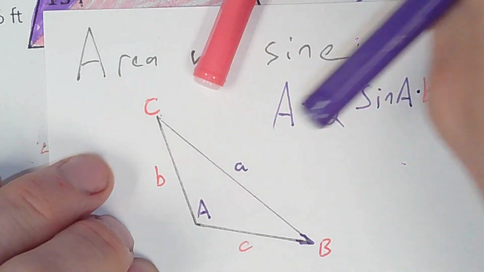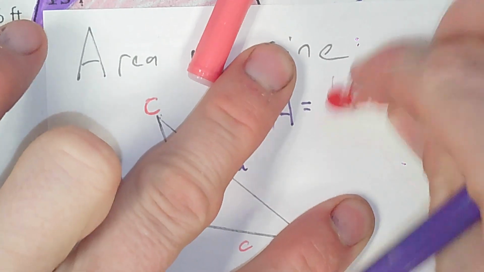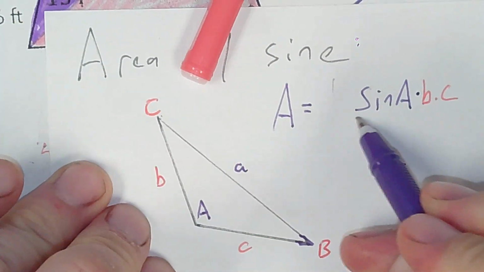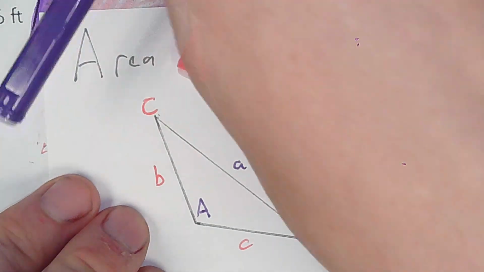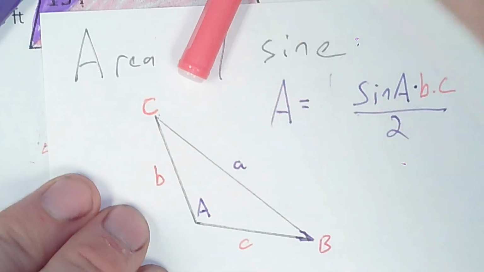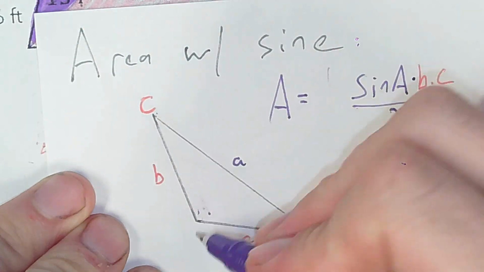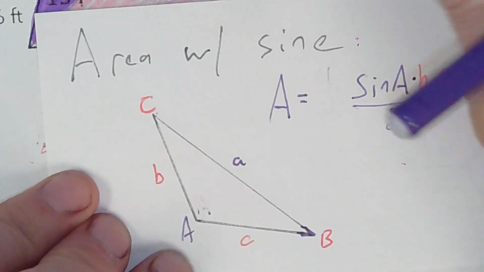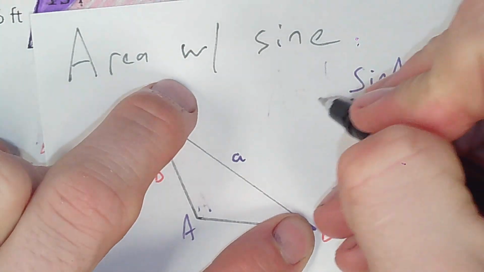Or I'm just going to rewrite this as length of B and C times sine of A divided by 2. Okay, I'm going to put this angle A on the outside here. I should make this area black.